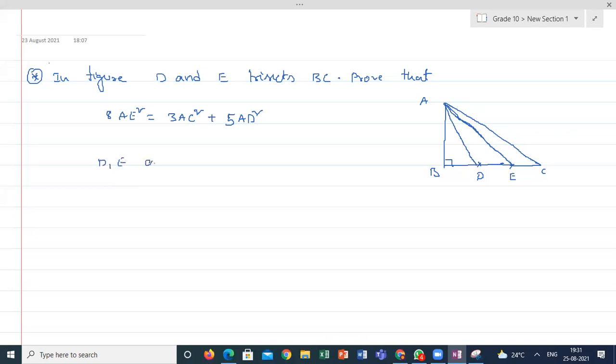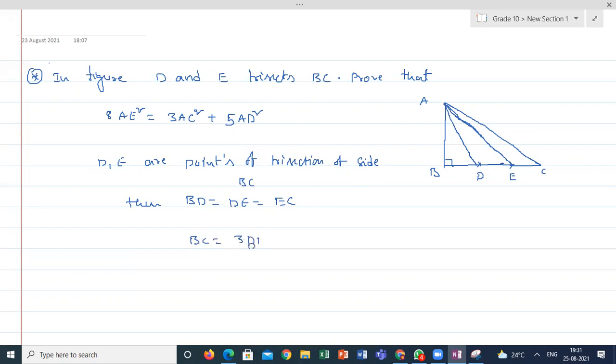D and E are the points of trisection of side BC, then BD equals DE equals EC. That's it. That means BC is equal to 3 times BD, 3 times DE, or 3 times EC. That is the given data.